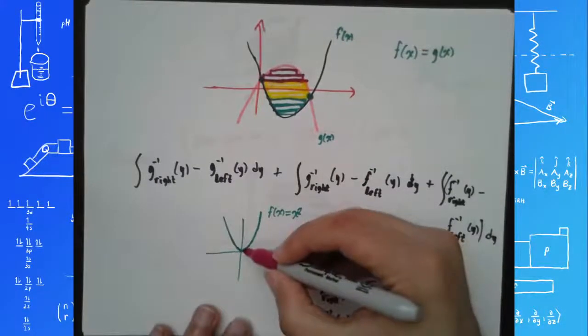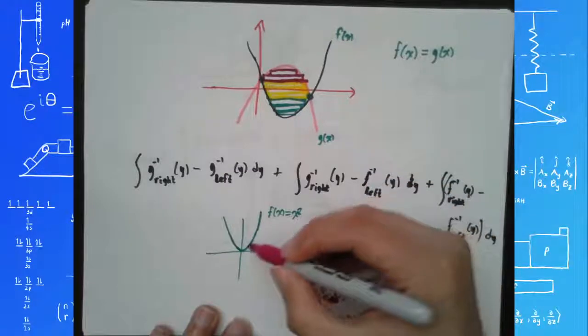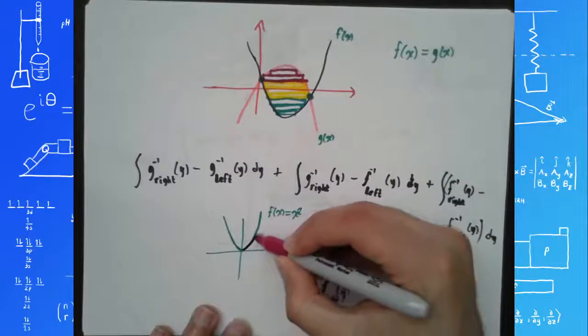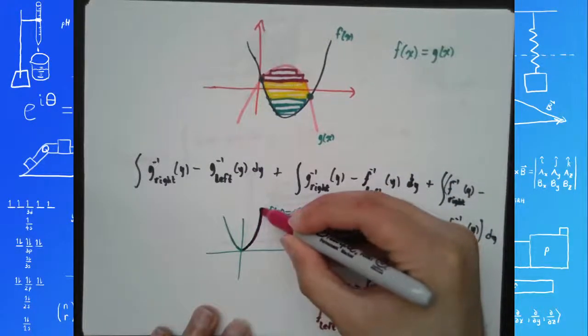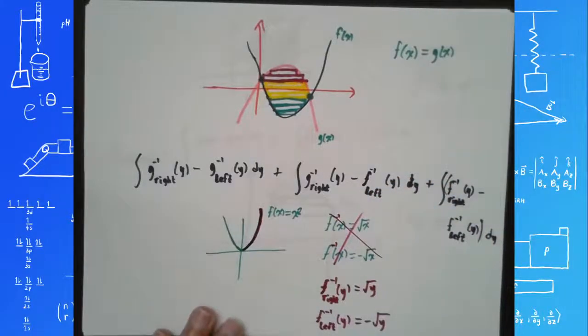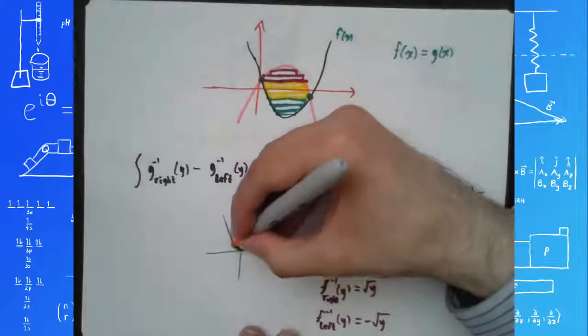So yeah, there you go. So x equals positive square root of y, that would be this part. And x equals negative square root of y, that would be this part right here.